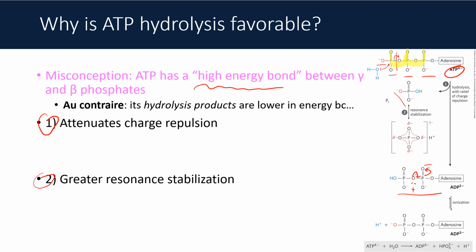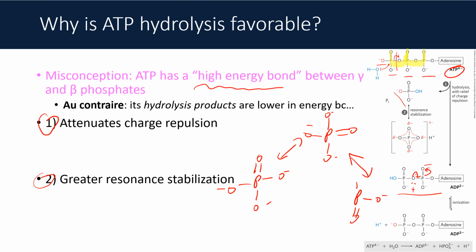If I were to draw it like this, what are all the ways that I can distribute those charges? You can draw this resonance form, or this one, and you probably get the picture by now. And then the last one, we'll put the oxo over here.